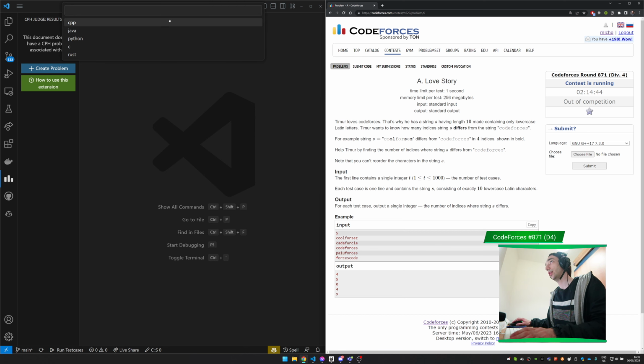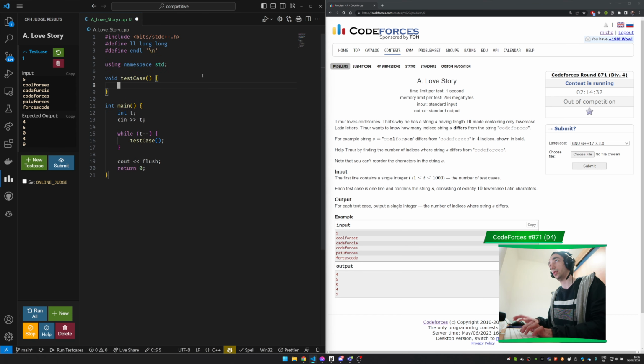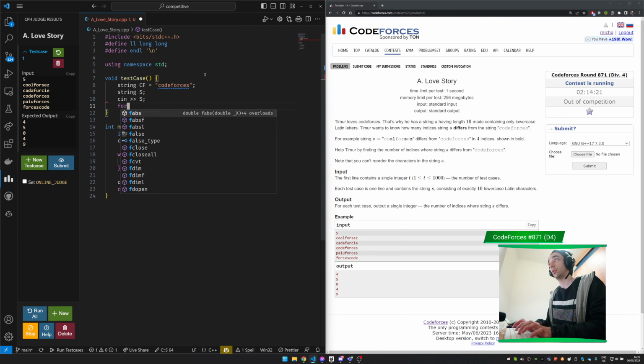he has a string of length 10. Maybe they only want to know how many indices the string differs from the string CodeForces. So just easy. Just read the string.